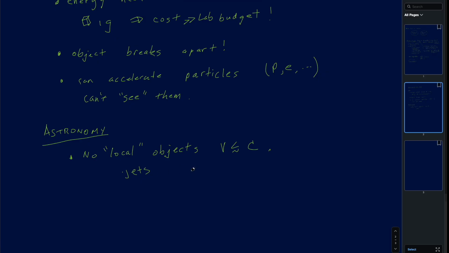But the velocity scale for local objects is on the order of hundreds of kilometers per second, which is about 1/1000th of the speed of light, on the order of 10 to the minus 3, where light speed is 1. So, sorry, no local objects.